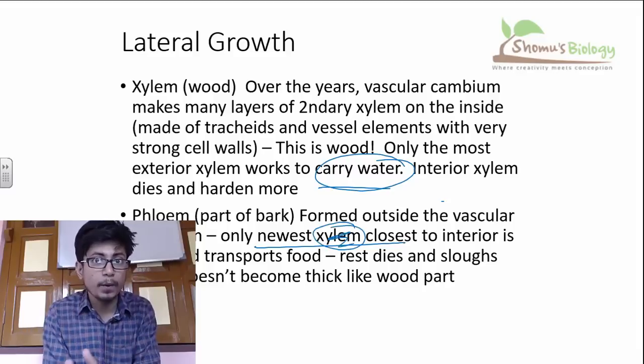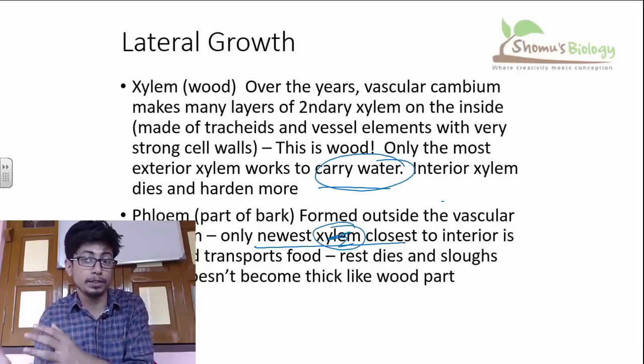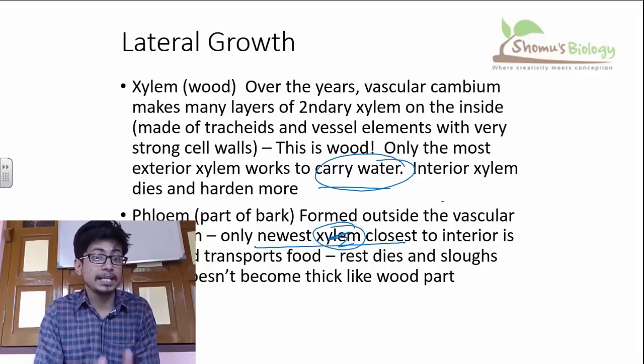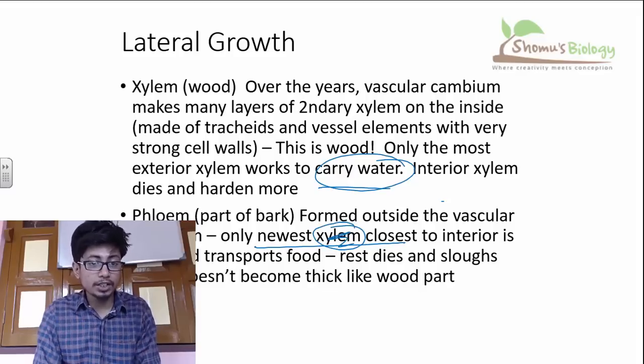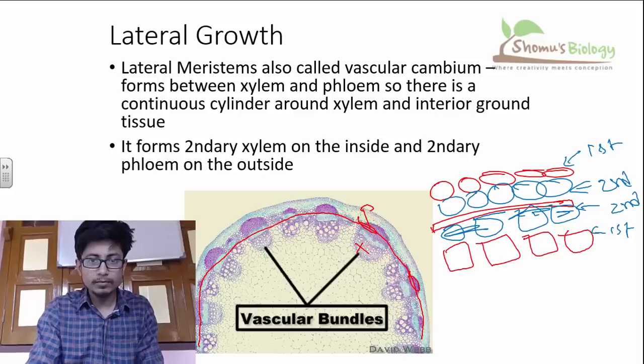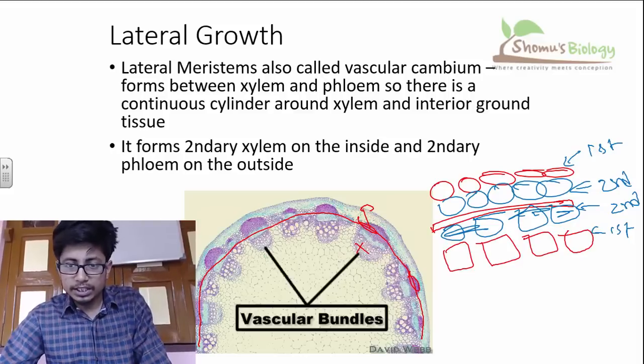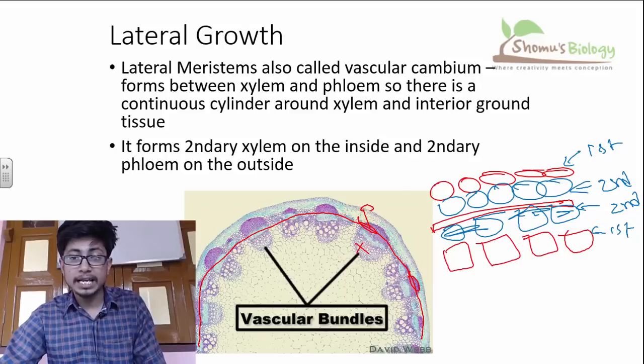The newest phloem that is produced is closest to the interior, and it is alive and transports food. The rest dies and sloughs off and does not become a thick wood part, as you see. So the terminal portions of the xylem keep on taking water, and the newer phloems only at the very terminal region also carry food, but the rest of them are part of the bark.